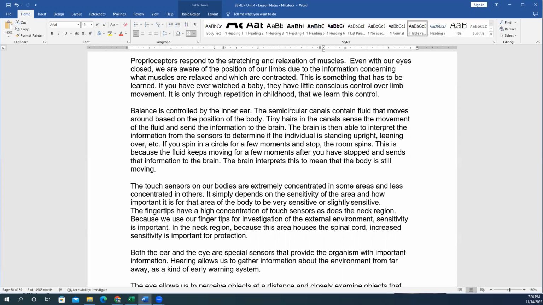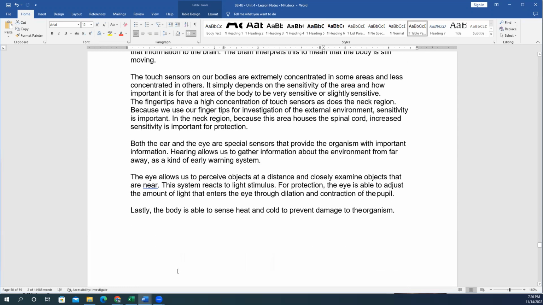We would be able to detect from even far away what's coming. And the eyes then allow us to perceive objects that might be present from a distance, and also to closely examine objects that are closer to us and are very near.